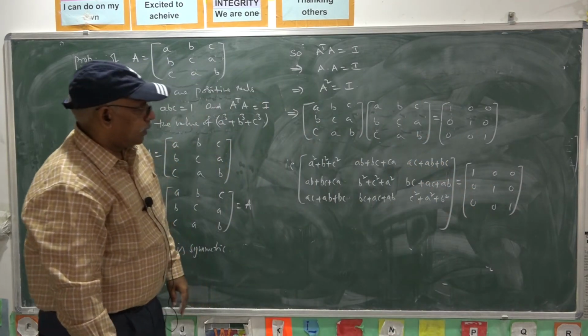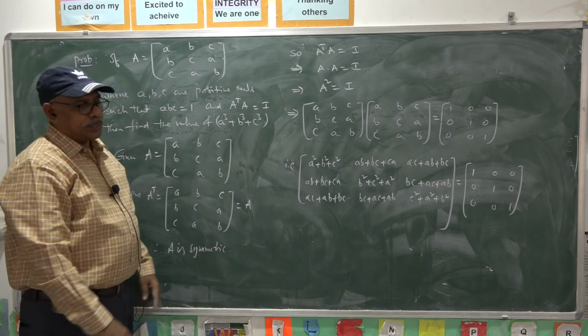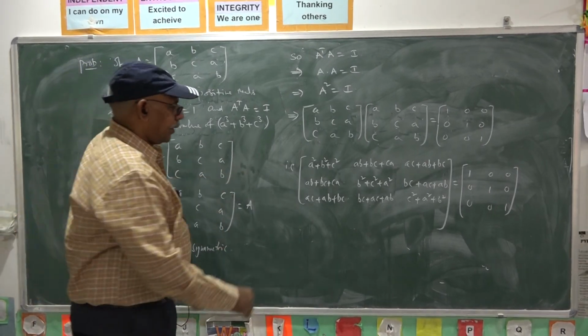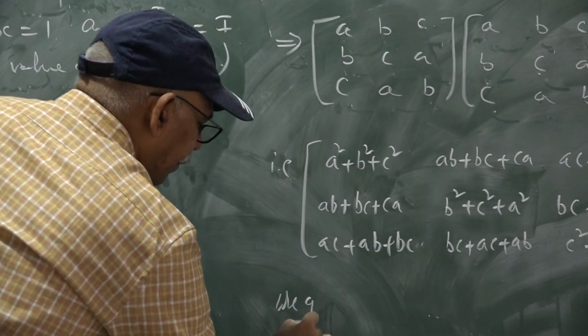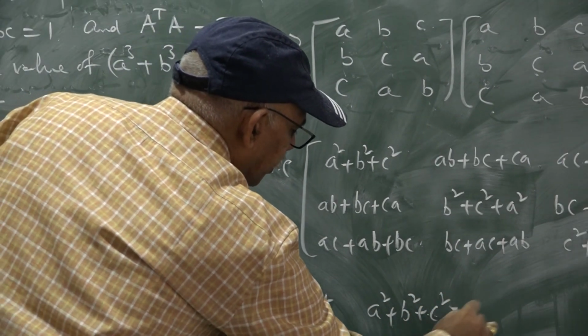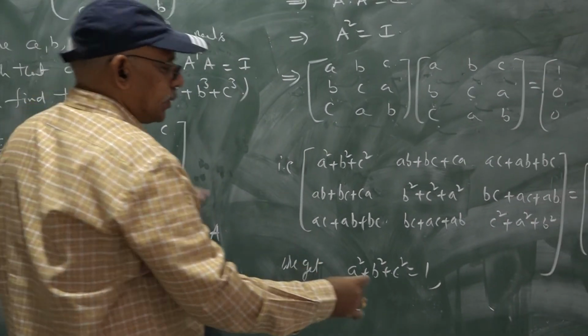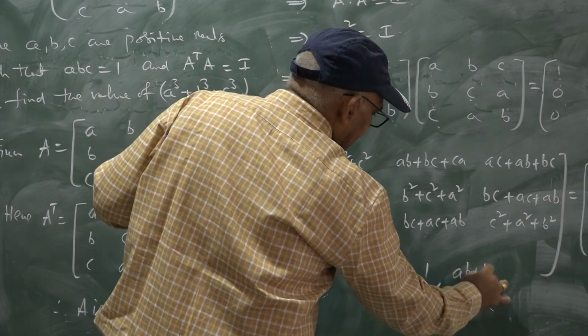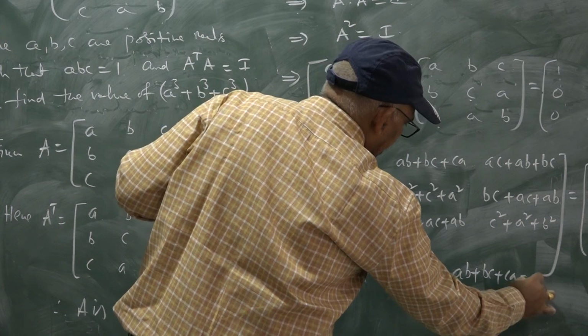Now once you compare these two matrices, we get A square plus B square plus C square equal to 1, and similarly AB plus BC plus CA equal to 0.